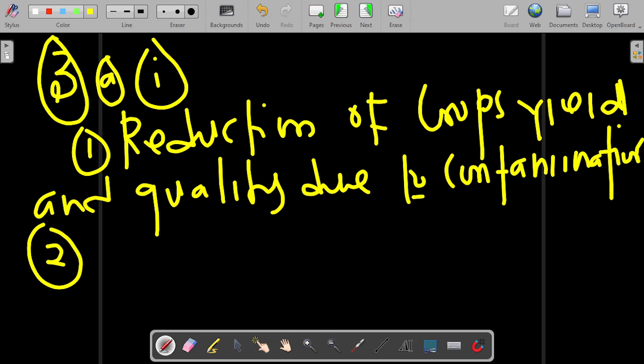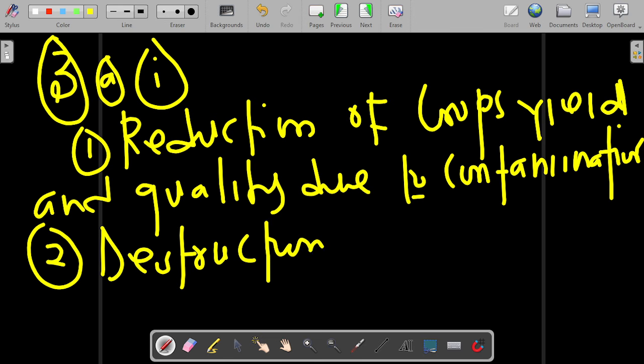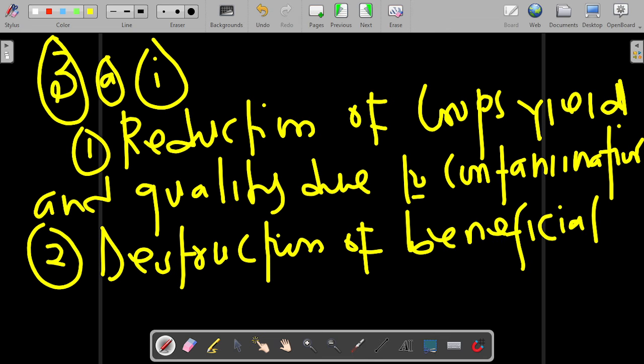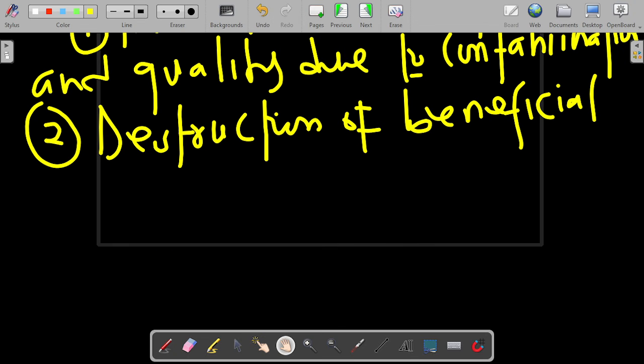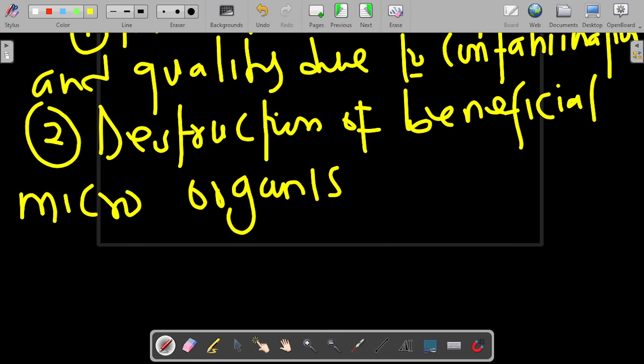Then 2, destruction of beneficial microorganisms.